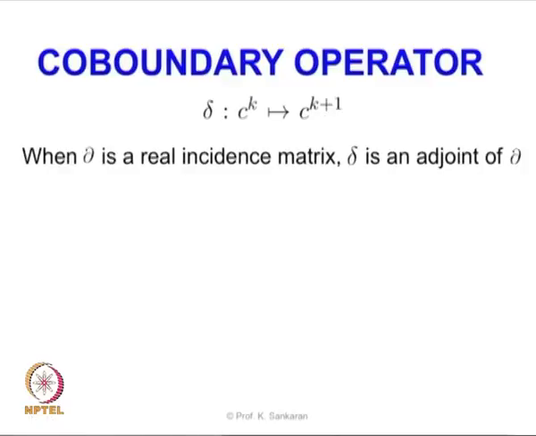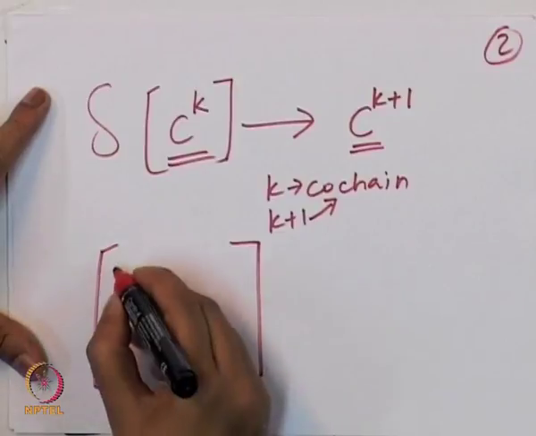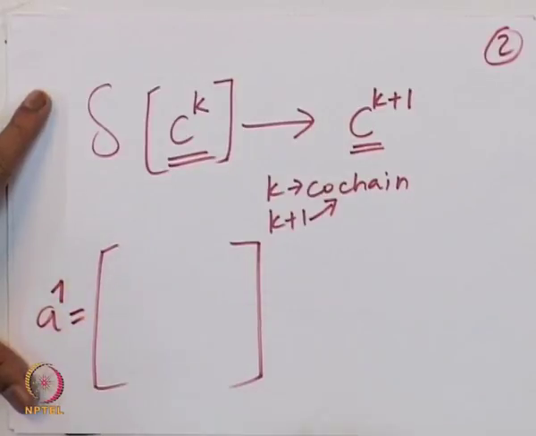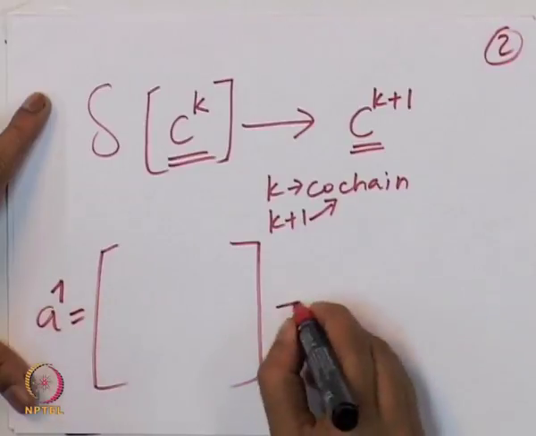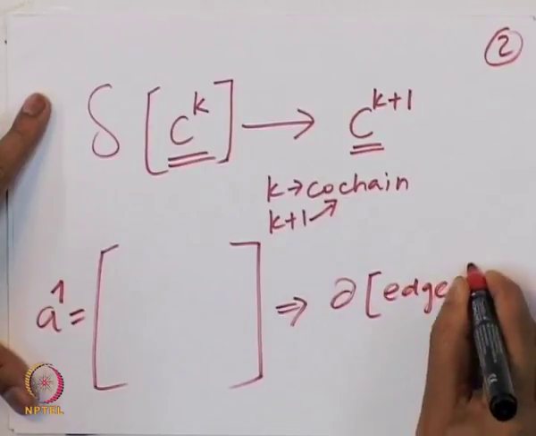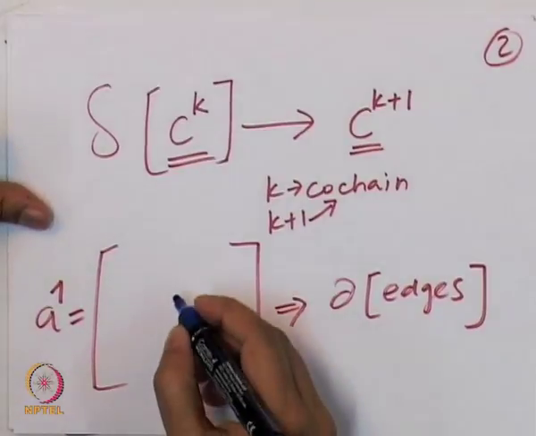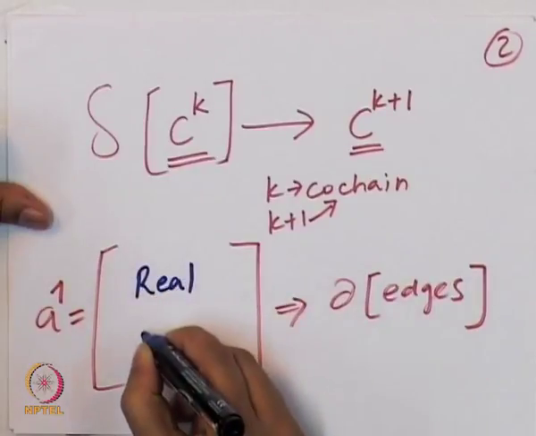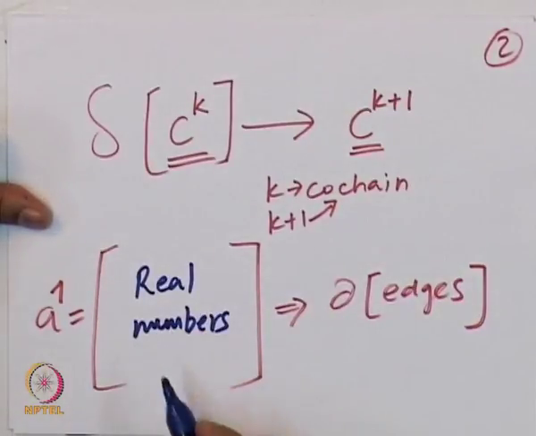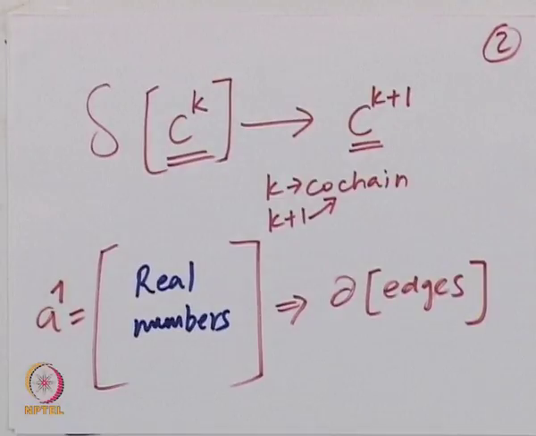So when we have a matrix represented by a set of real numbers, let us say A1 is given by a set of real numbers. A1 is the boundary operator operating on edges. When A1 is real, so the matrix contains only real numbers, the co-boundary operator and boundary operator are related.